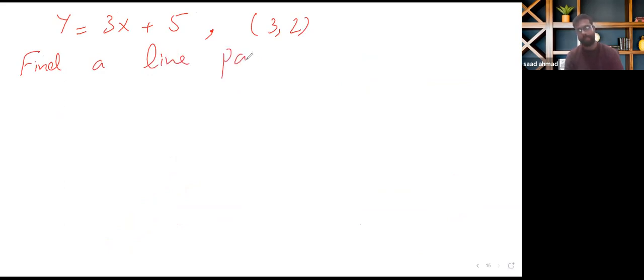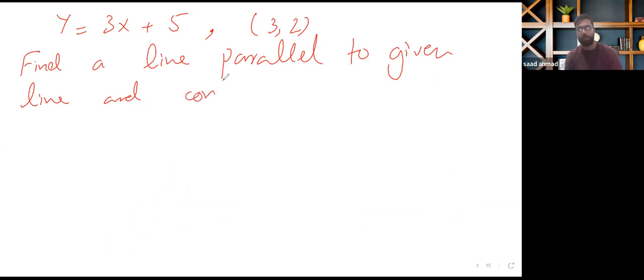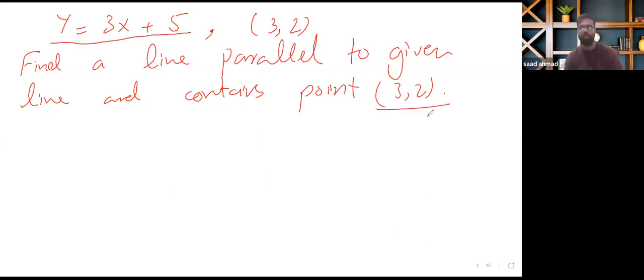All right. So let's say I gave you an equation, y equals 3x plus 5, and a point (3, 2). Find a line parallel to the given line that contains the point (3, 2).